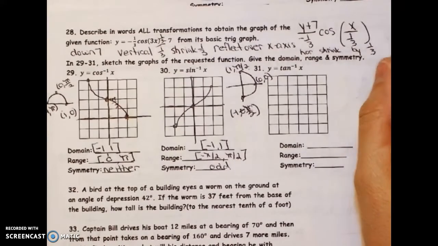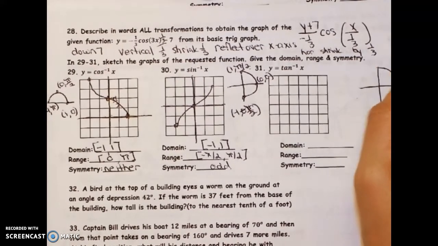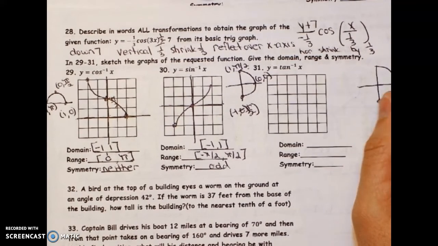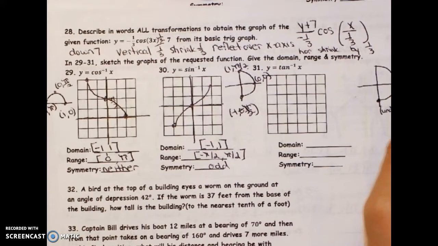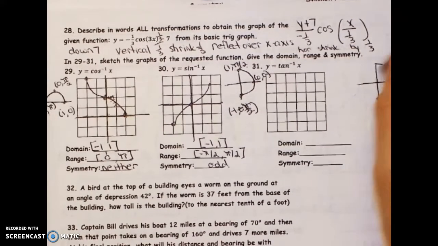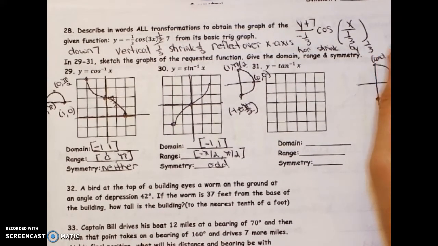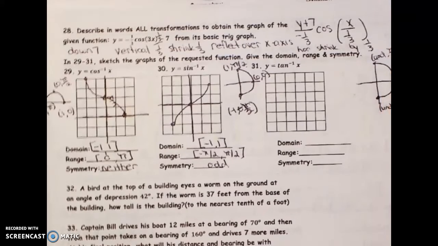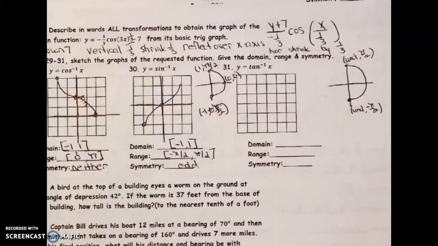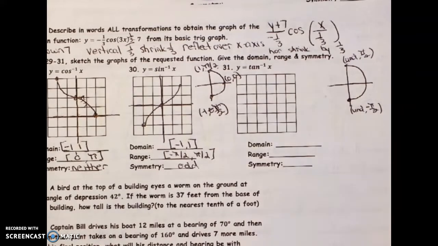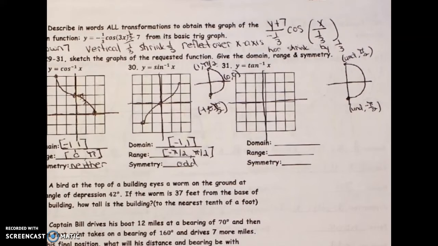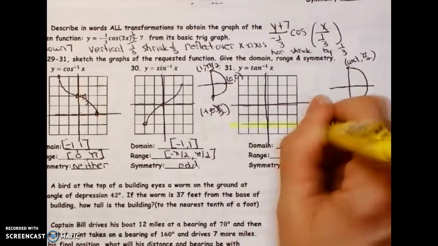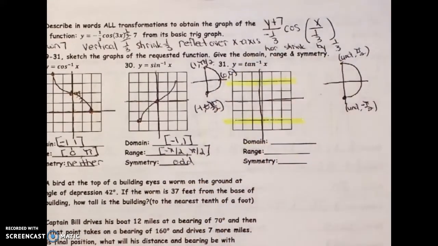Finally, the tangent, same idea. I'm graphing these points over here. My issue is this point right here for the tangent would be undefined, and that is negative pi over 2. Same thing here. This would be undefined, and this is positive pi over 2. So on my graph, I don't have any points I can plot, but I do have those asymptotes. So let's go ahead and sketch those in. So negative pi over 2, pi over 2.